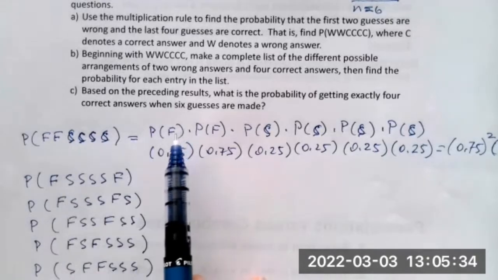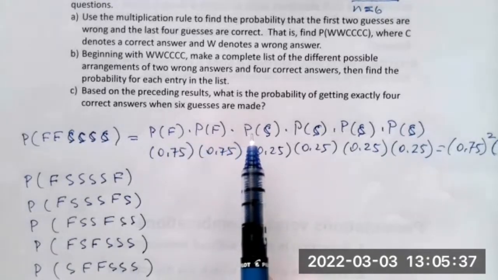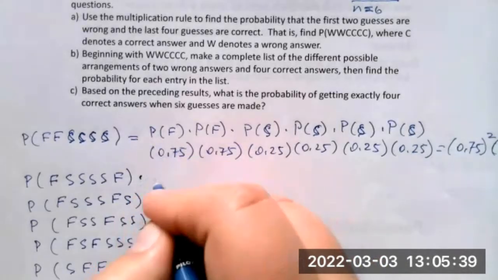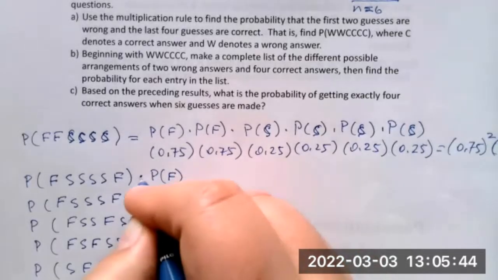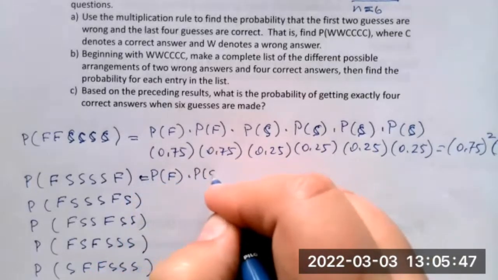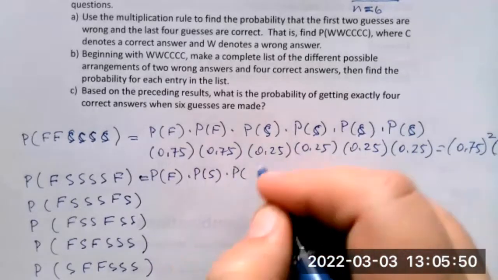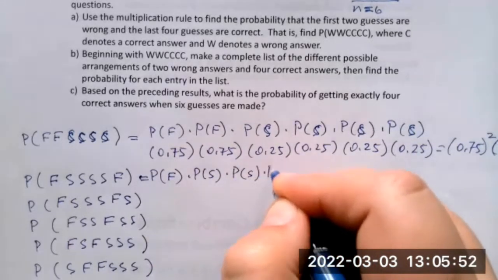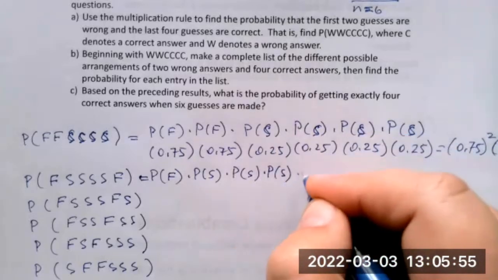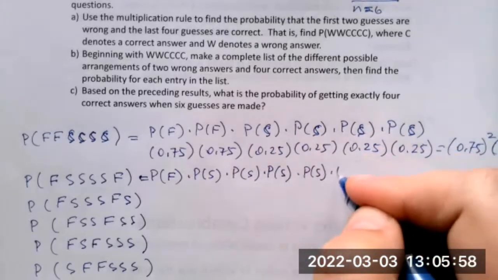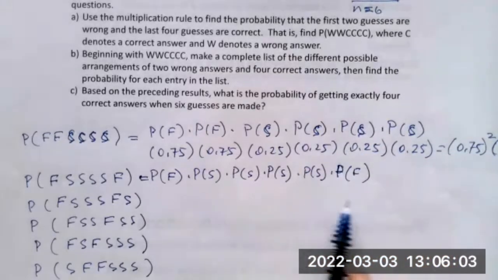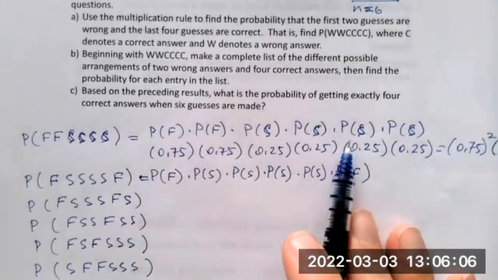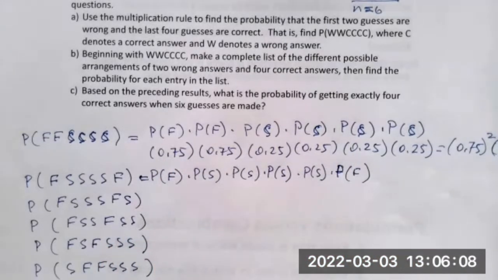So using our product rule again, we're gonna have the probability of failure times the probability of success 4 times, right? And multiplied by the probability of failure. So actually, now if we look at this, it's the same product because we change the order of the factors, the product is the same.